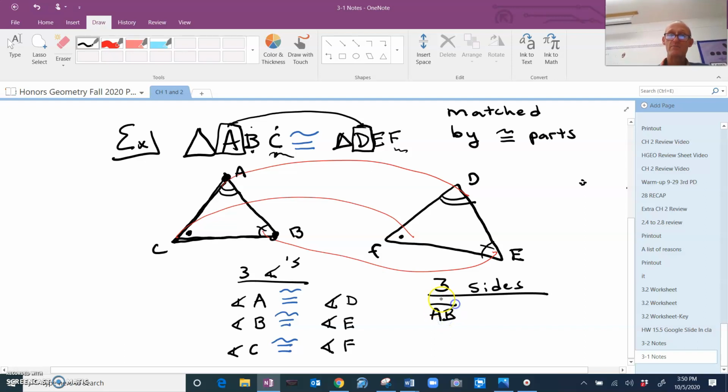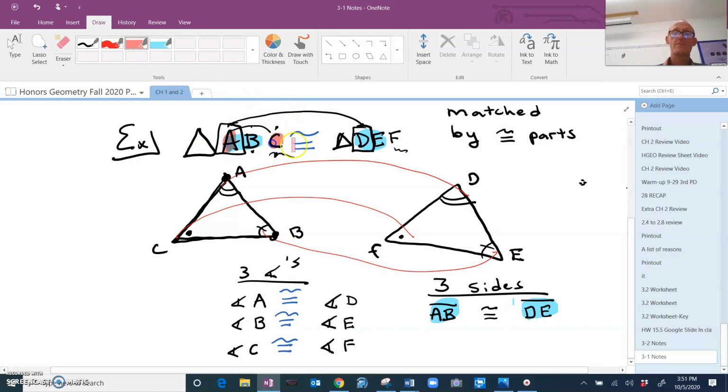One of them is AB. Now you can see it up here, it's AB. That side matches up with DE. The next two sides would be AC.